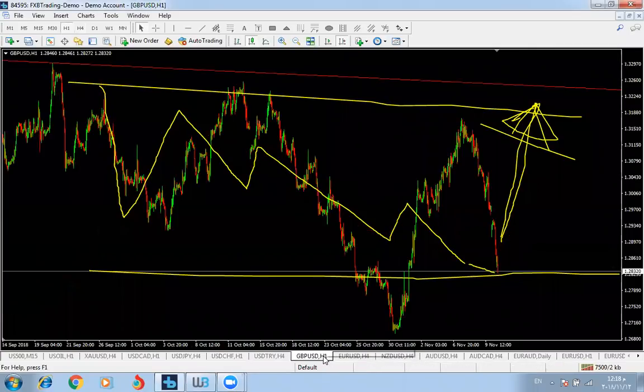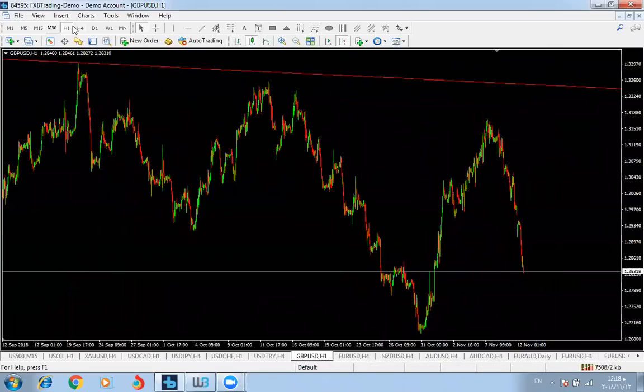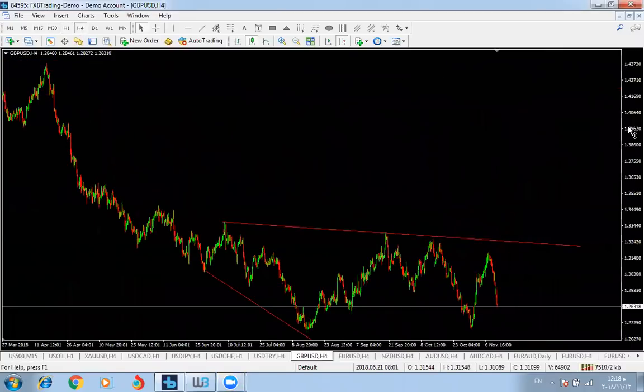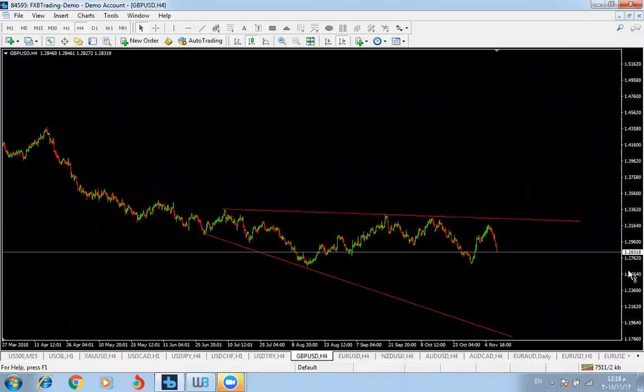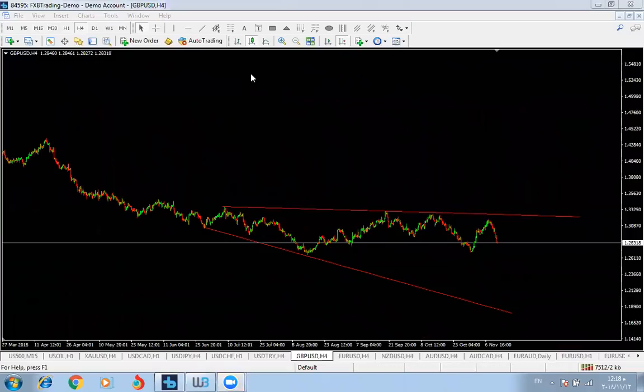I will show you the pound. The pound had a very strong reversal from the upside. I am expecting the price to continue to the downside, so we can take our positions going to 15 minutes time frame, and after each correction we can go to this area.